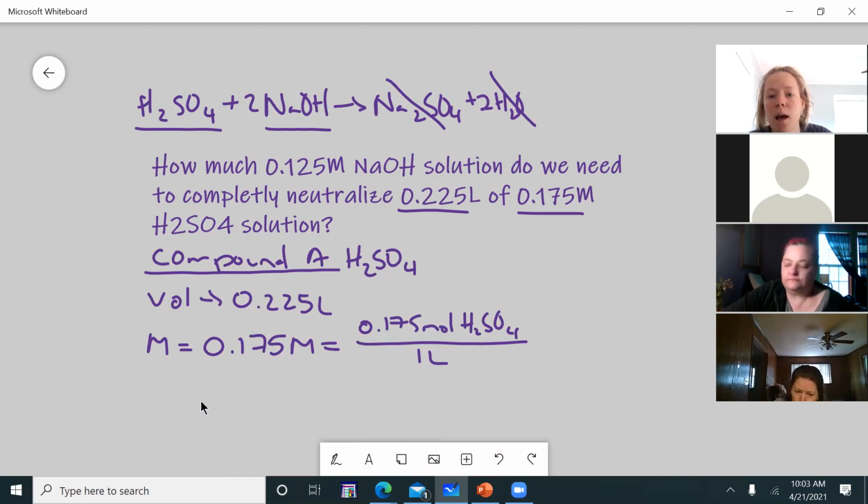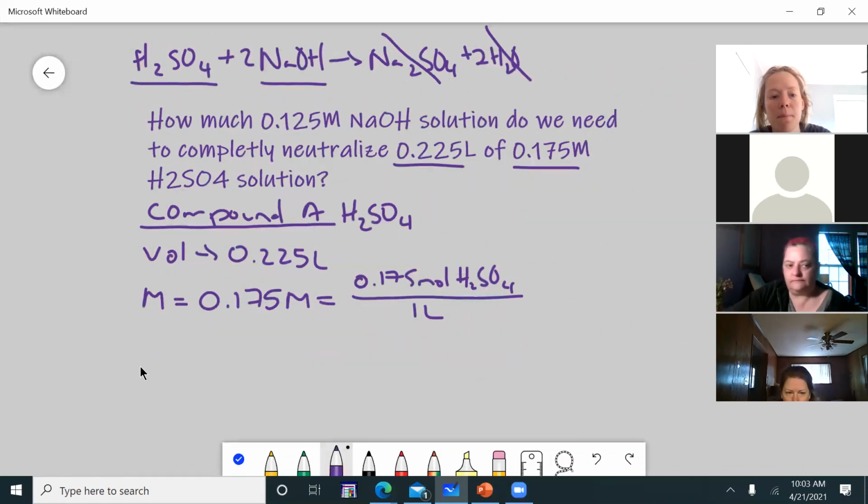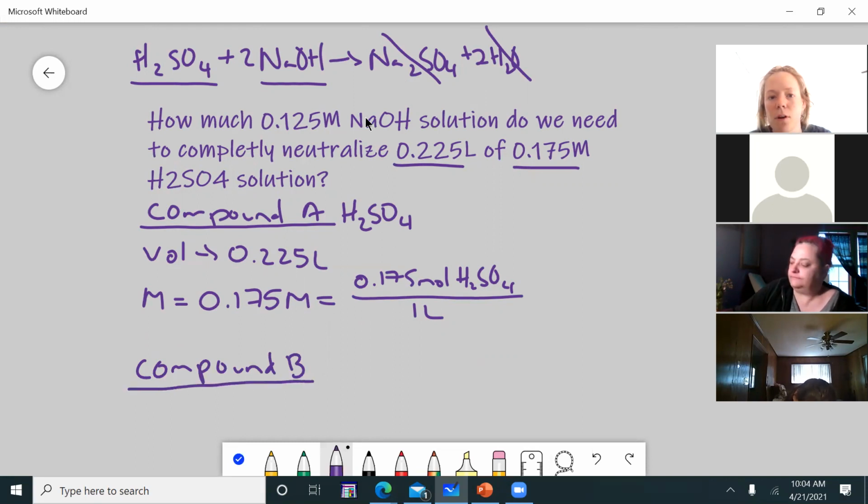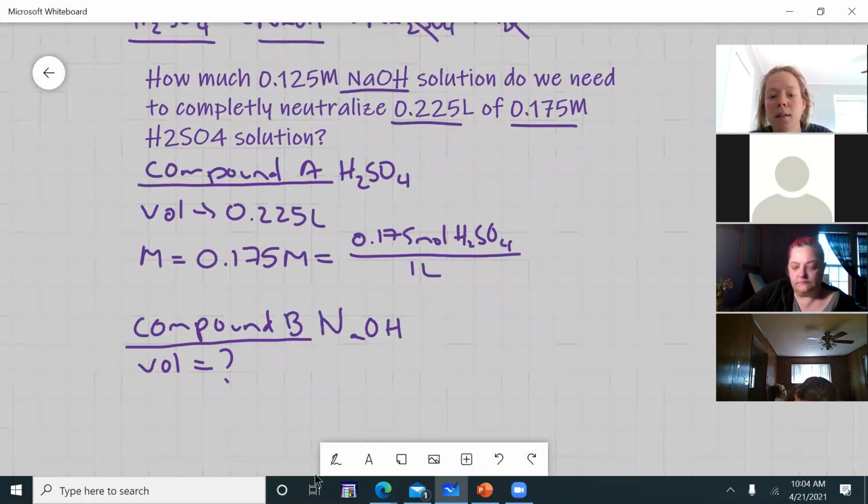Now let's figure out what compound B is. Compound B is the other thing. Compound B is going to be what you have less information on and what you're trying to solve for. So NaOH, we only have one piece of information and it says how much. So we're trying to figure out the volume. Do I know the volume? No, that's what I'm looking for. Do I know the concentration?